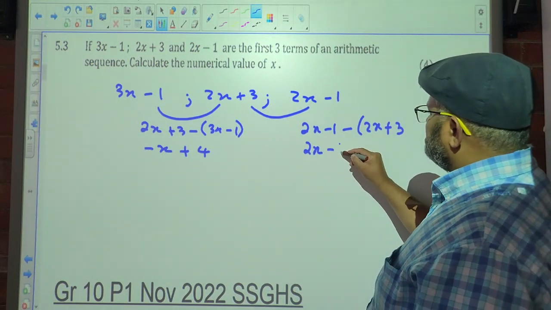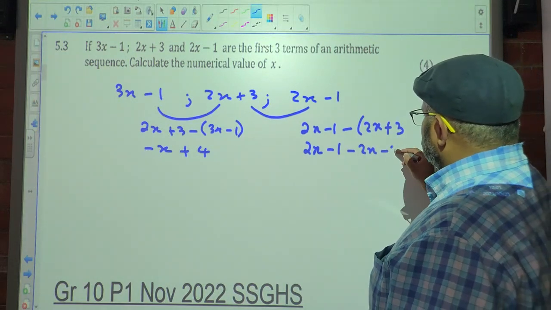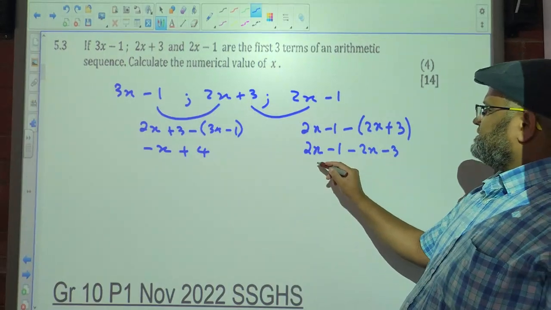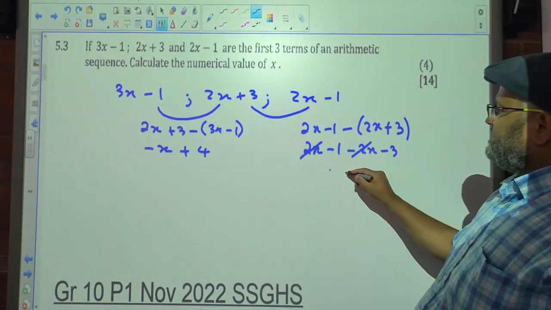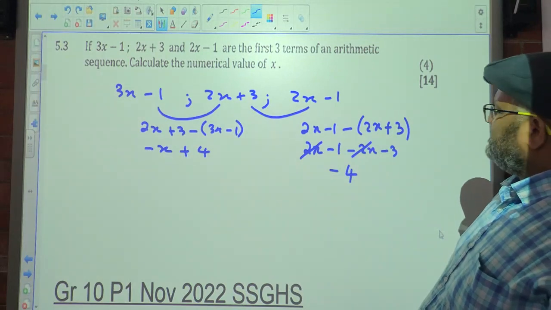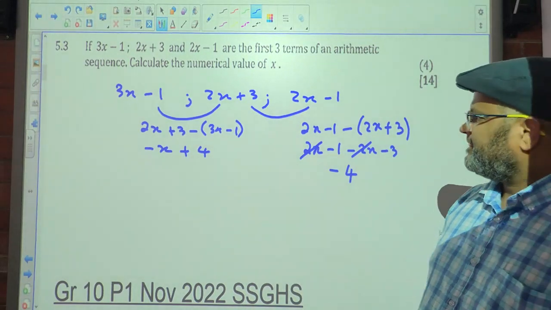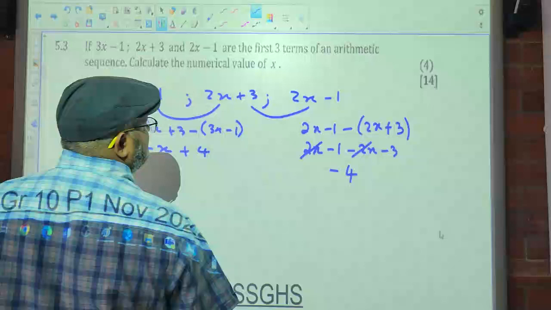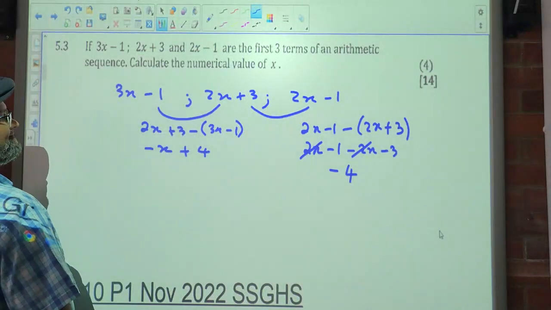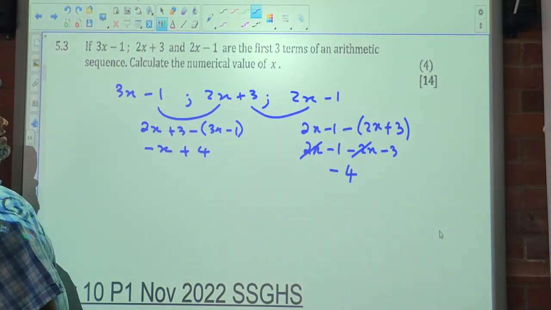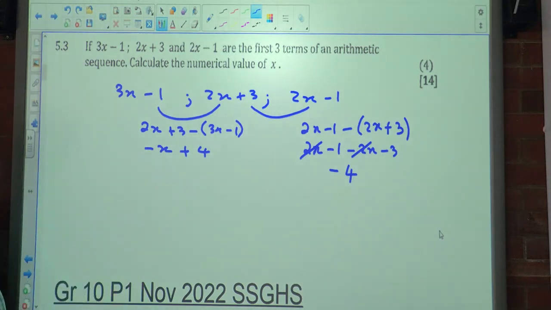So it's going to be 2x minus 1 minus 2x minus 3. It's going to give you negative 4. You all agree with that? So by common difference, yes?